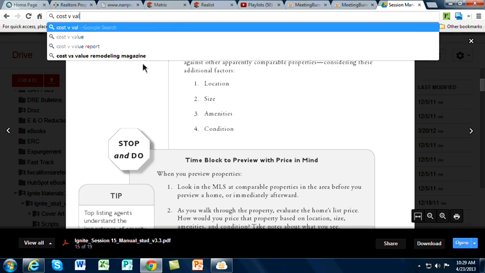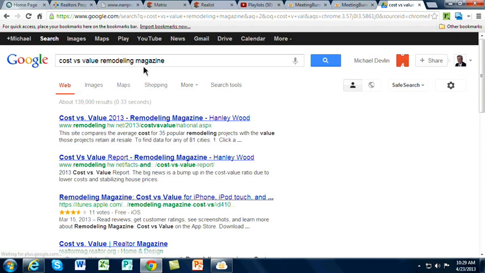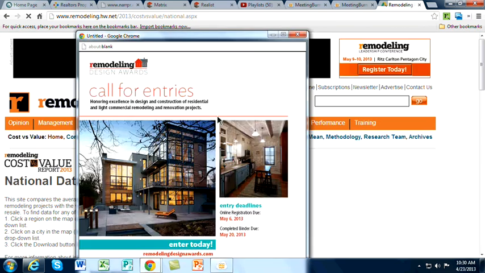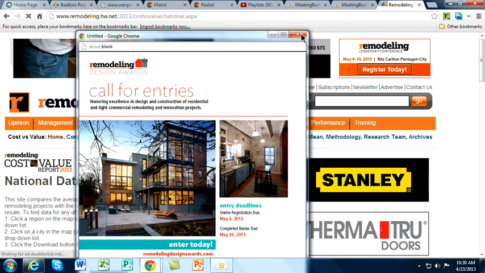I just showed you where it shows the value of upgrades, but what you're probably looking at is what's called a cost versus value report, and Remodeling Magazine does it.